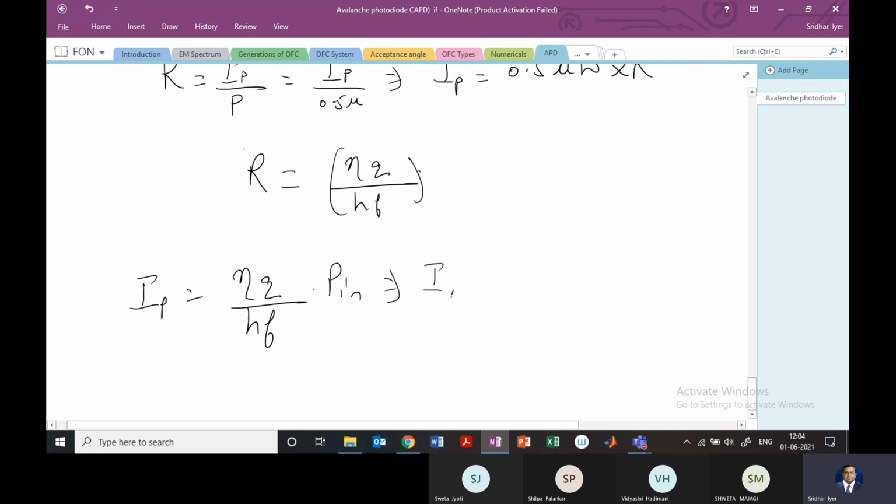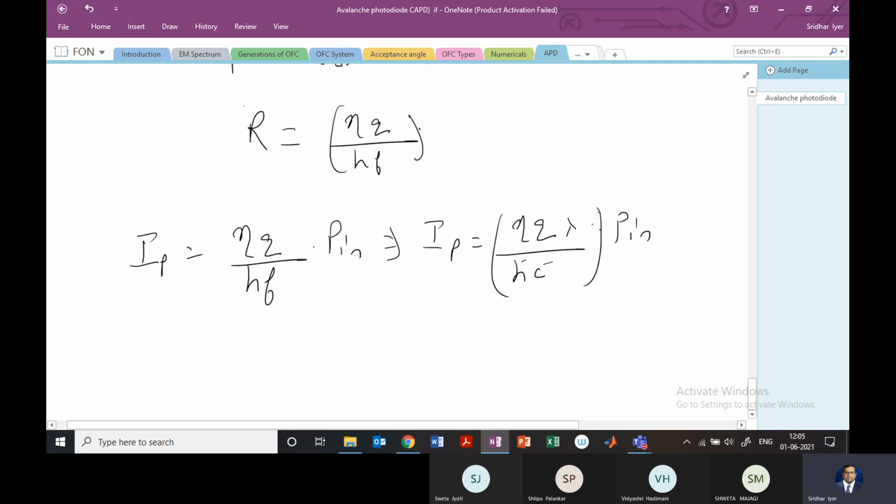I can write this as IP equals eta Q divided by HC by lambda, so lambda goes there, into Pin. We are given the quantum efficiency eta, and lambda is also given, 900 nanometer. H is a constant, C is a constant. Pin is also given, which is 0.5 microwatt. So now I know all the constants and parameters, and we can calculate the value of IP.